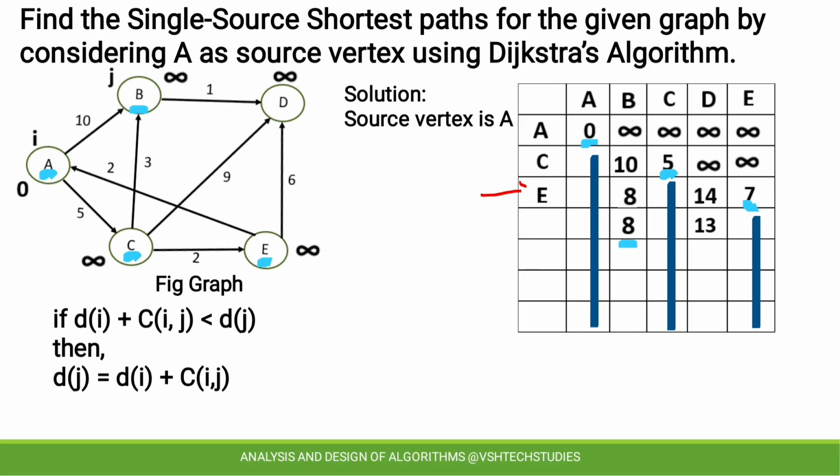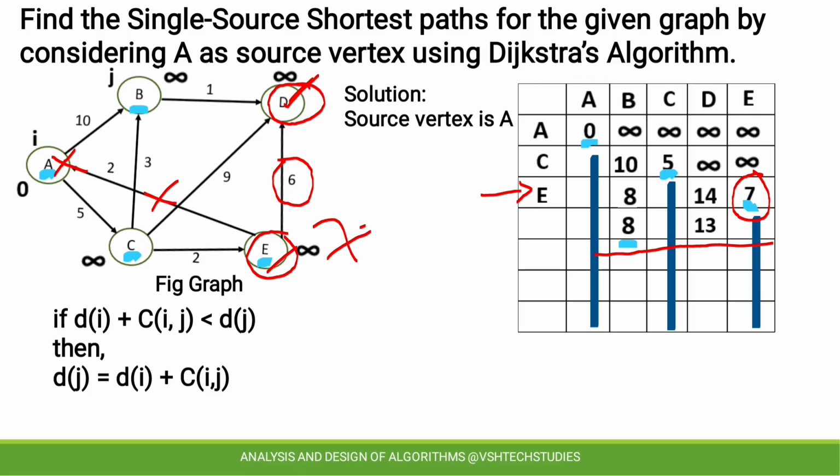So E is the picked node now. So in next line we have filled the distances of its neighboring nodes. So for E node, the neighboring nodes are D and one more is A. Because A is already covered, we will not consider this, we will consider only D. So distance of D is distance of E plus connecting weight 6. So distance of E is 7.